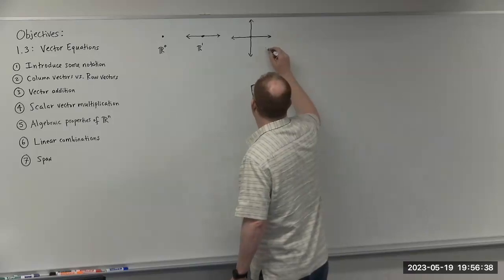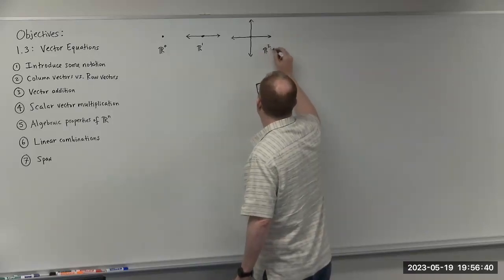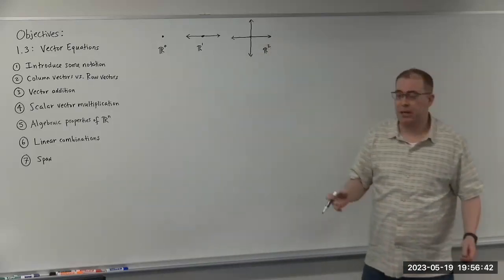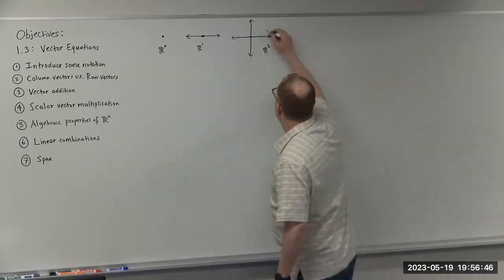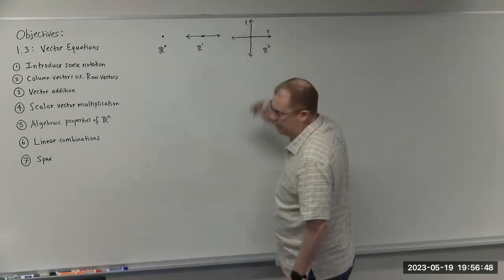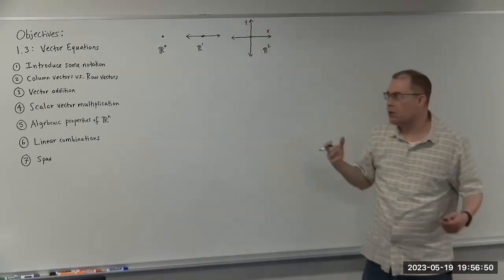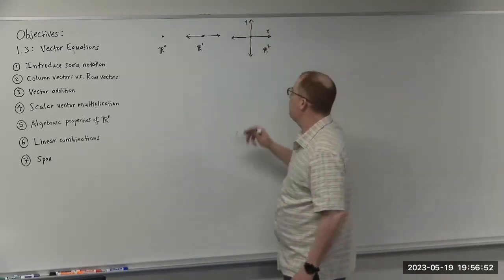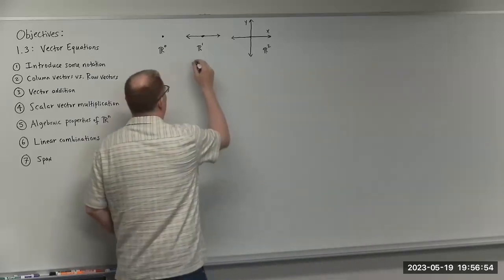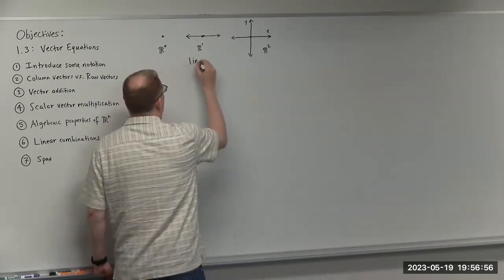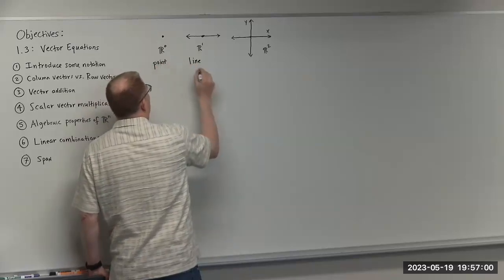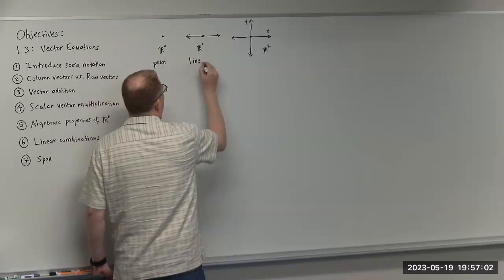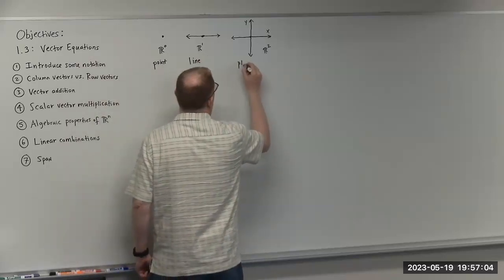This is denoted by R^2. So this is basically your typical Cartesian plane. Typically this is your x-axis and this is the y-axis. So that is R^2, basically just the plane. So we have a point, a line, and a plane.